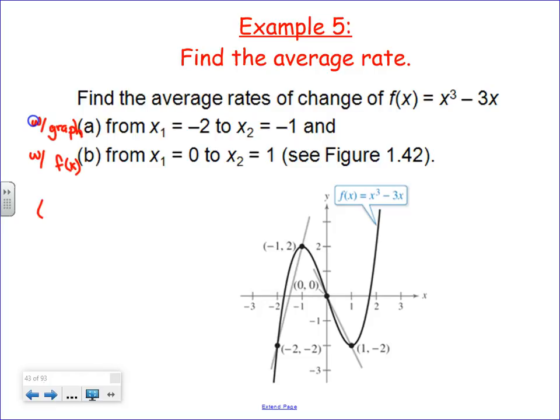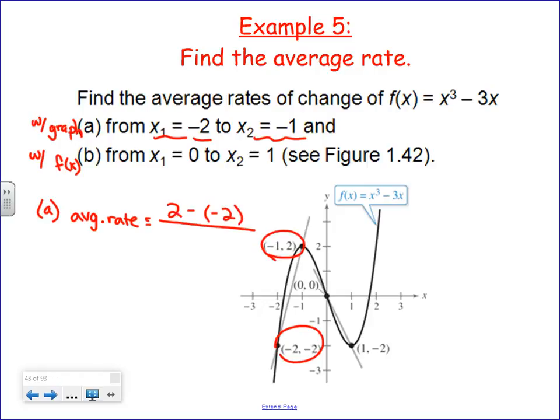So for letter A, if I was using the graph to find average rate between -2 and -1, couldn't I go to -2 and find my x1, y1? Couldn't I go to -1 and find my x2, y2? y2 minus y1 all over x2 minus x1. Simplify and solve, you guys know that part.